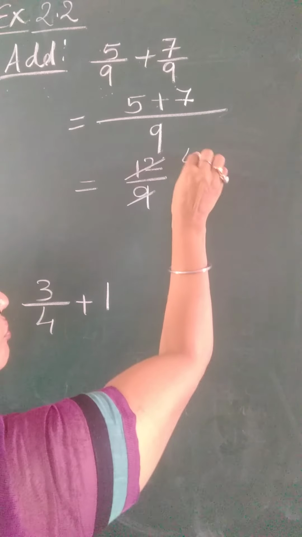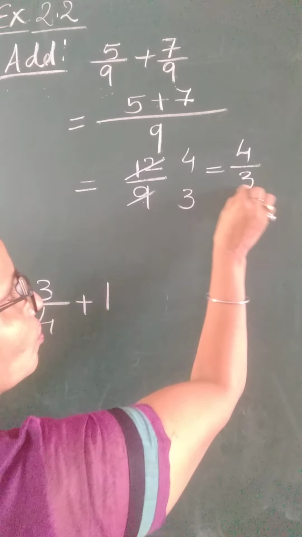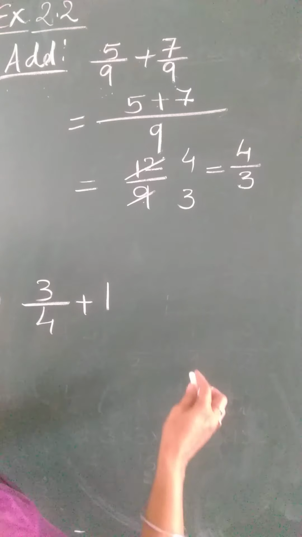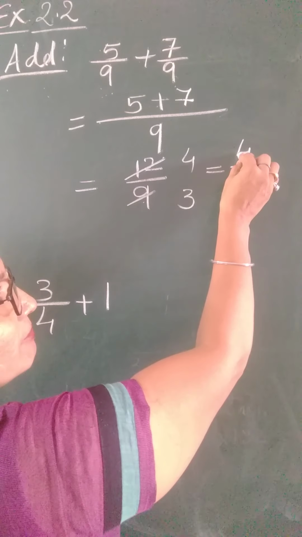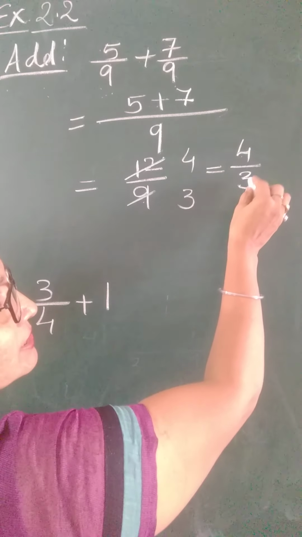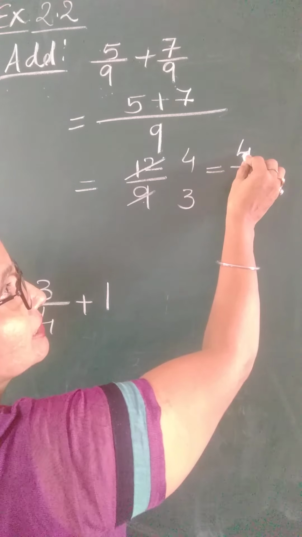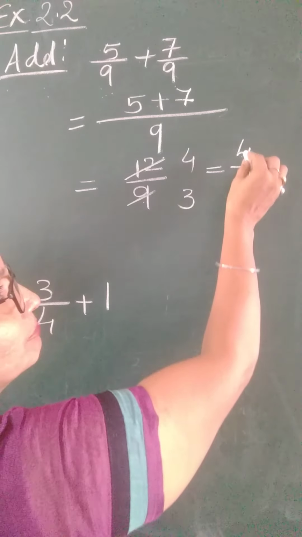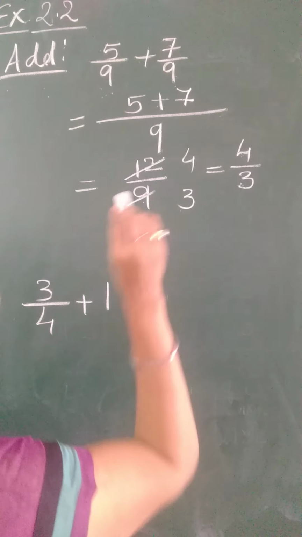So here 3 4s are 12, 3 3s are 9, and the answer is 4 by 3. After this we cannot divide it. 4 is divisible by 2 and 4, but 3 is not divisible by 4. So we have to divide in such a way that both the numbers are divisible by the same number, as we have divided here by 3.